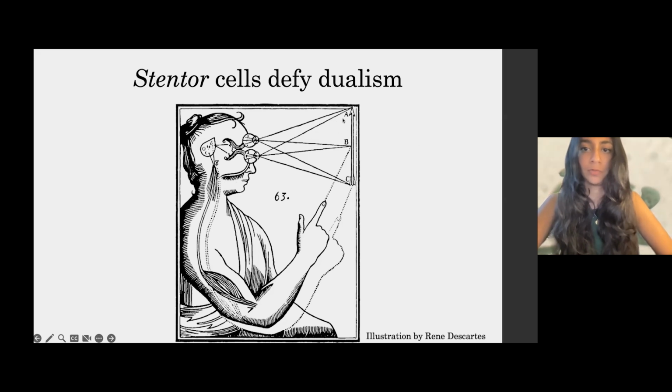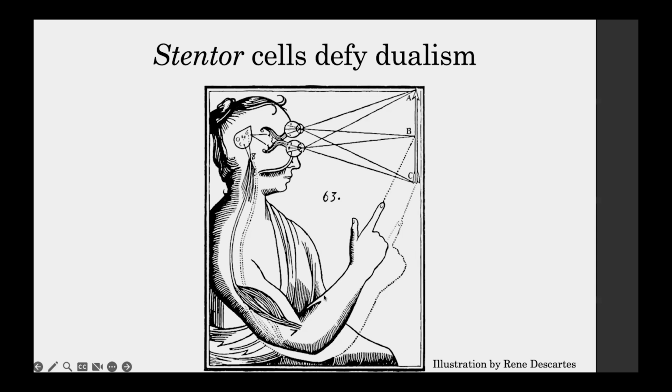The mind is something with a more ethereal spirit that is different from a tangible physical form. However, stentor flies straight in the face of that idea, because in stentor, the mind is the body. There is no separation, because the cytoplasm is the locus of learning.